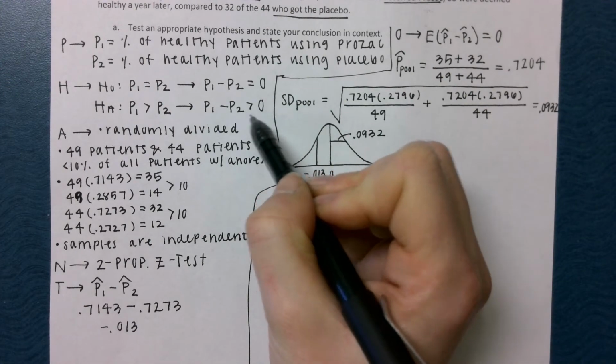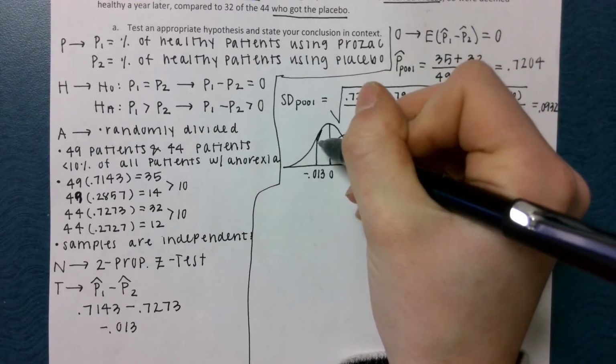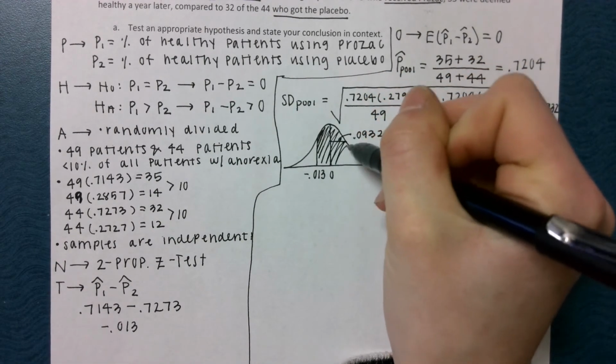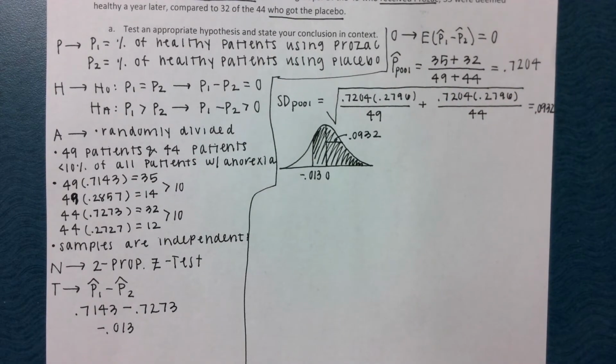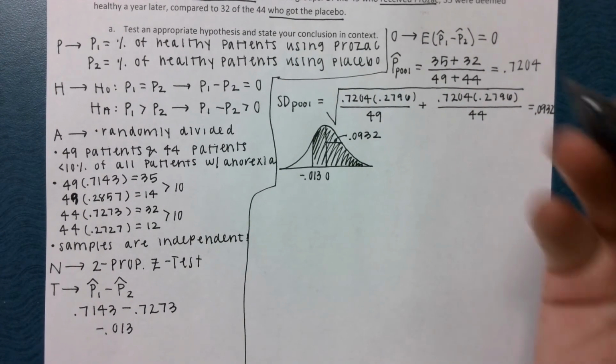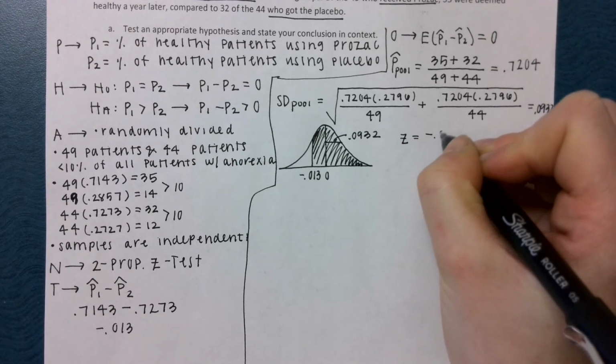We are looking for greater than, right? I want more healthy patients, so I'm going to shade to the right. Hopefully you can tell just by your normal model that our p-value is going to be quite large. I do want to find a z-score.